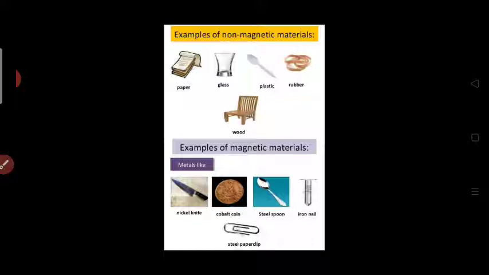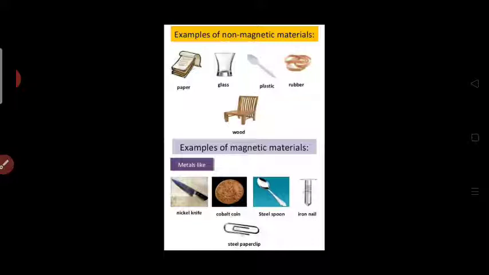So it is clear that the materials which are attracted by a magnet are called magnetic materials, and those which are not attracted by a magnet are called non-magnetic materials. You can check whether a material is magnetic or non-magnetic in nature. For this, collect a number of small objects such as iron nail, brush, needle, paper clips, eraser, pencil, shaving blades, scale, stick, wire, screw, etc., and then identify them with the help of a magnet.